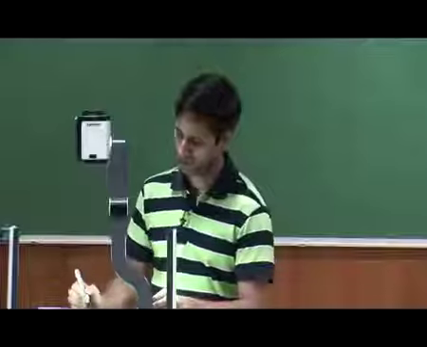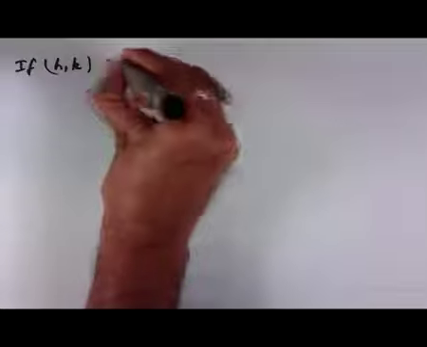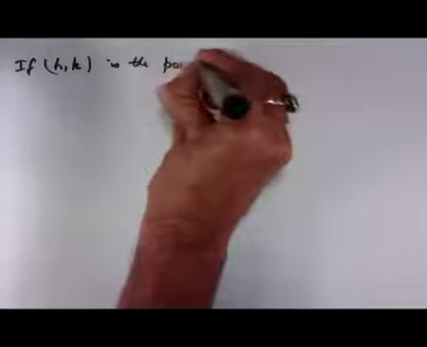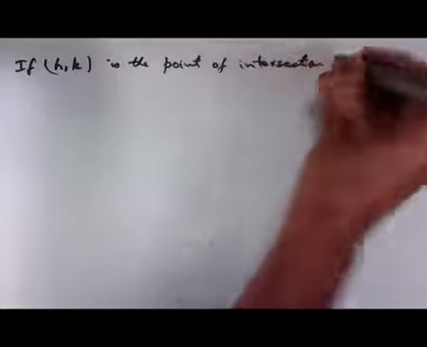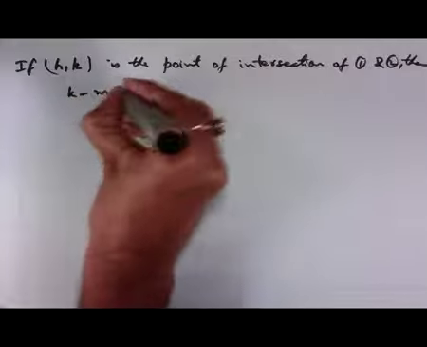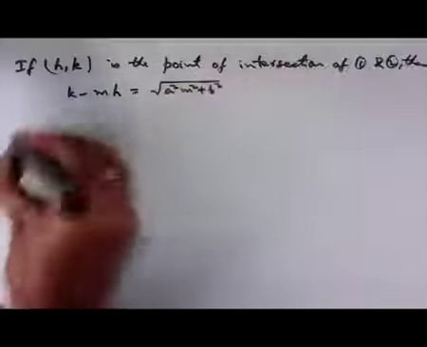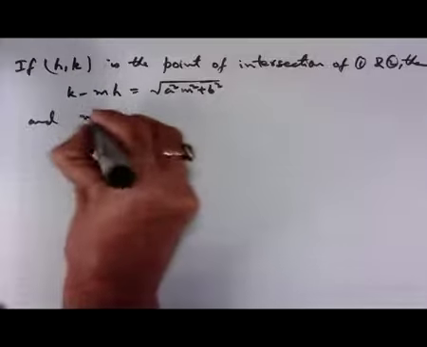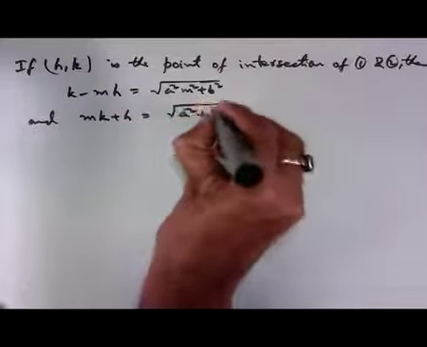So, if h comma k is the point of intersection of 1 and 2, then we have k minus m h is equal to square root a square m square plus b square and m k plus h is equal to square root a square plus b square m square.